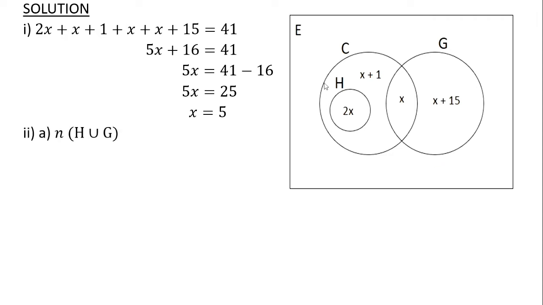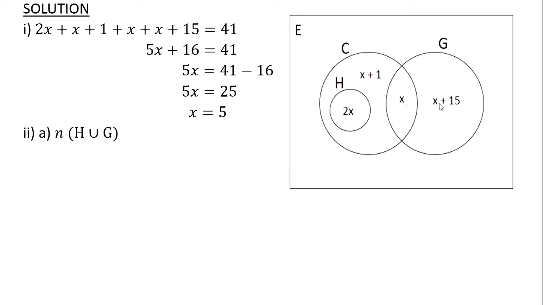Find the number of girls who were taking history and geography. So we have history union geography. For those taking history, where there's x, we'll replace it with 5. So we have 2 times 5, which gives us 10. So history, we have 10.